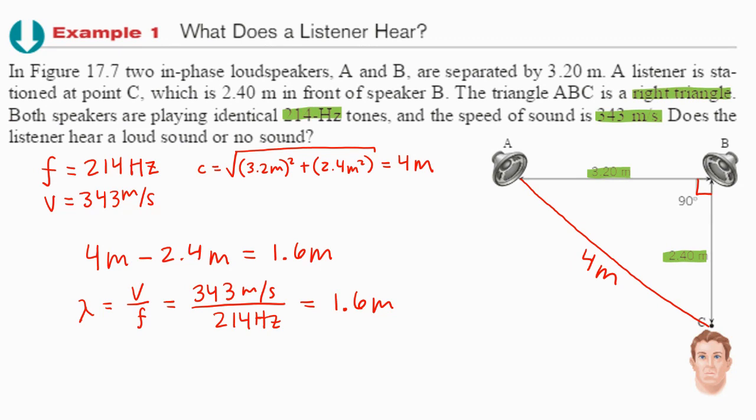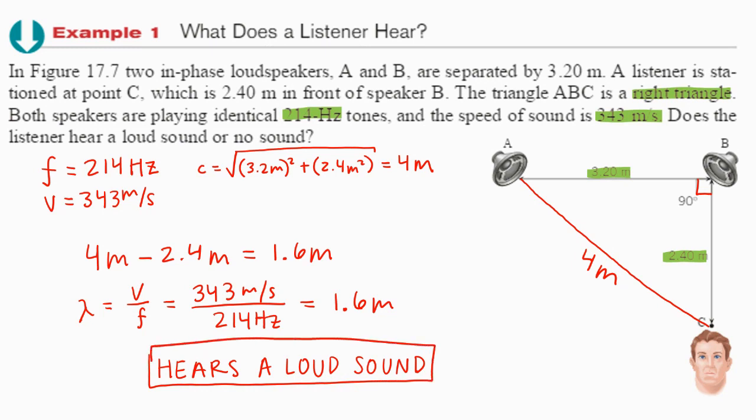So the difference between their path lengths is also 1.6 meters. So that means that the person hears a loud sound because we have constructive interference because our amplitudes are actually going to line up.